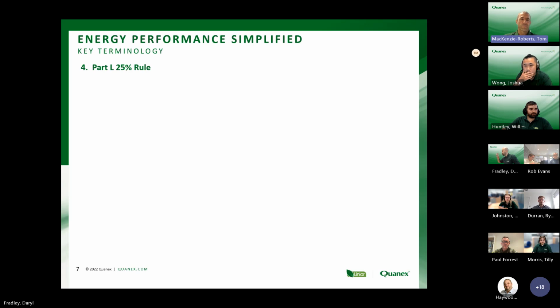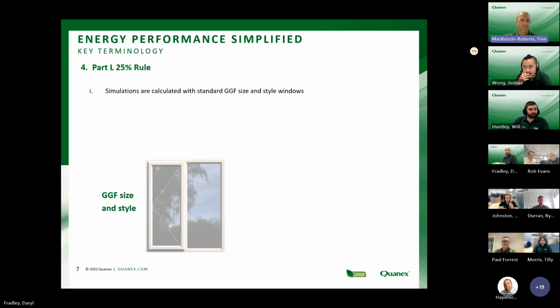The next thing we're going to cover is something some of you may not be aware of, which is within Approved Document L. Part L has a 25% rule. Simulations are calculated at the moment typically with standard GGF sizes and style windows, which is the process that Josh, our simulator, follows every time he creates a simulation.